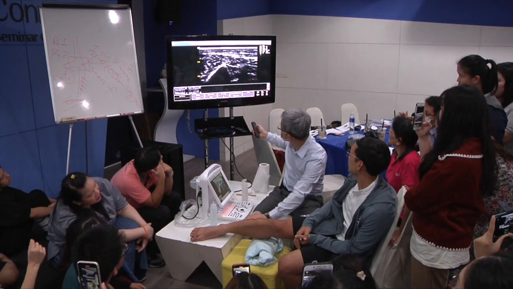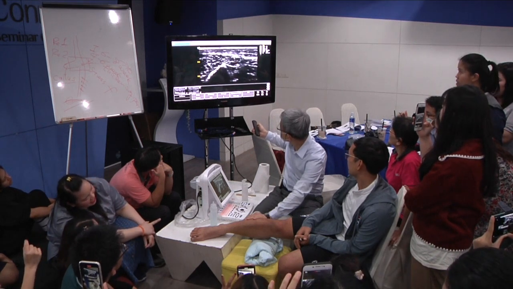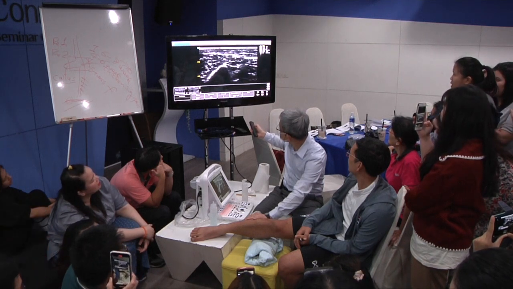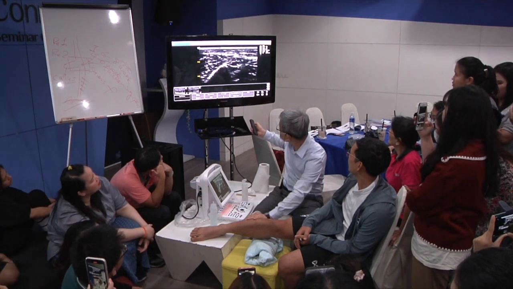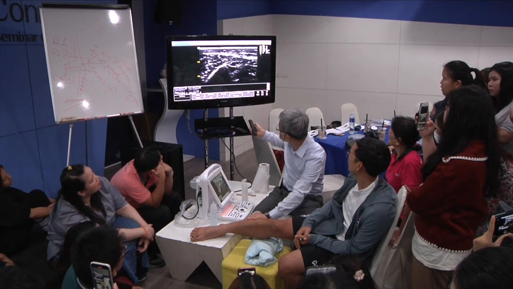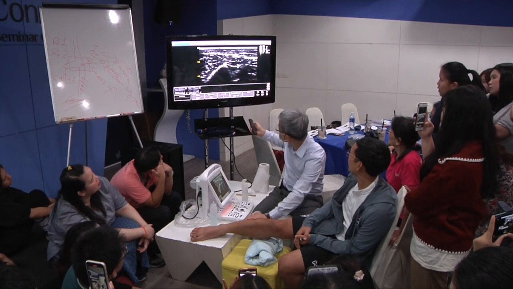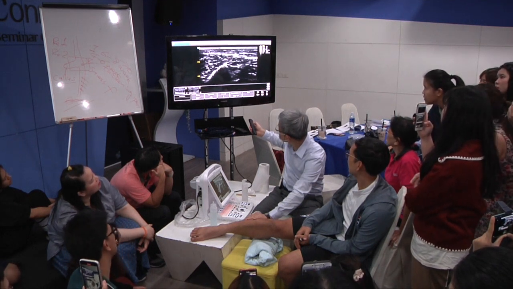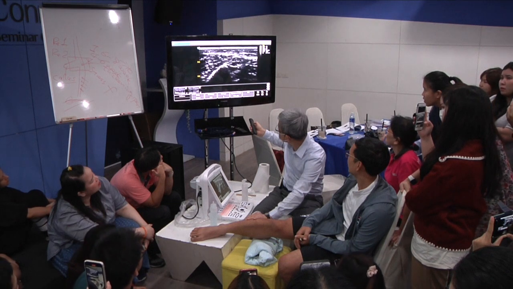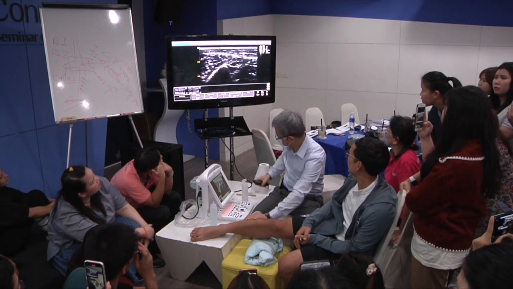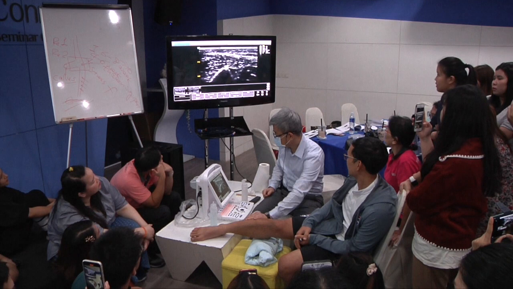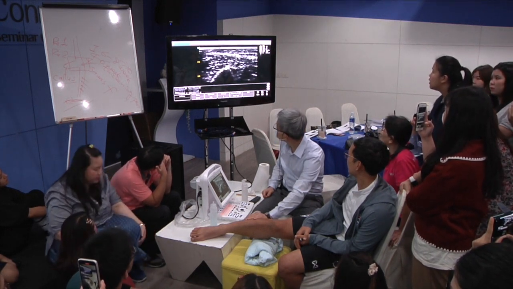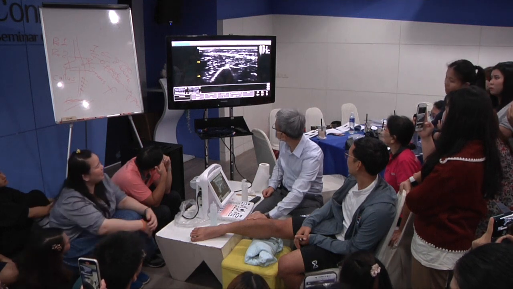Longus tendons. Right? Longus tendons. Did I tell you the longest, the peroneal, extensor digitorum longus, the small superficial peroneal nerve, right? And this nerve comes with an artery, right? See the pumping. Okay.